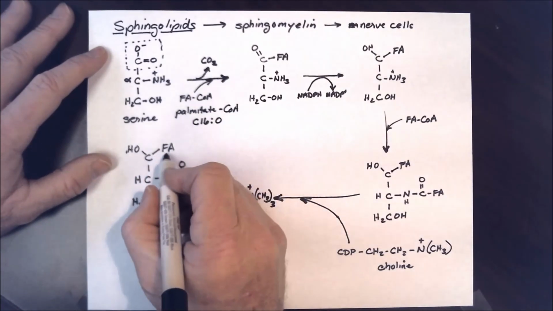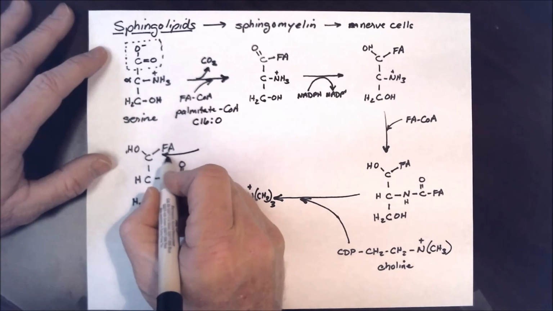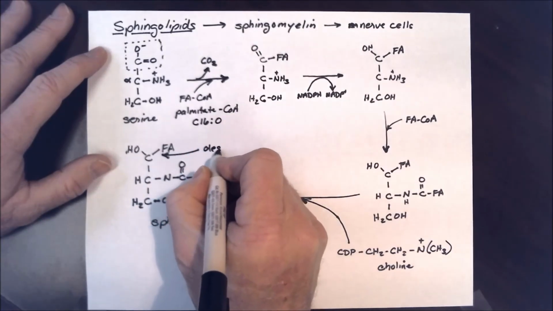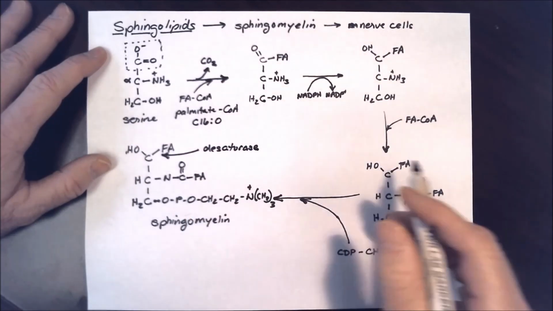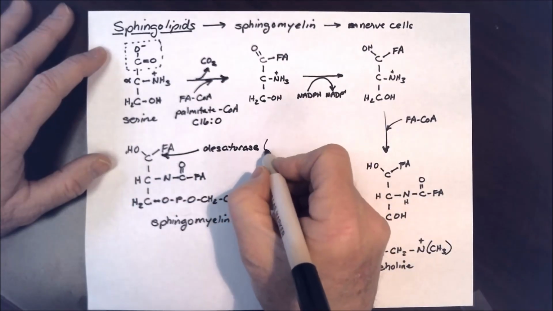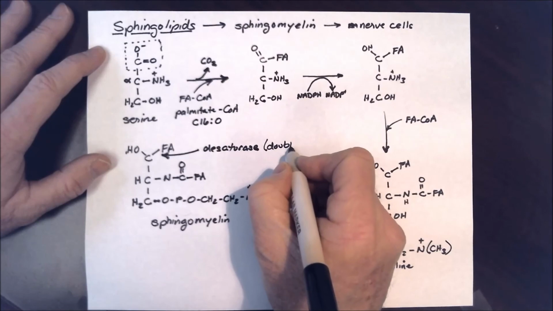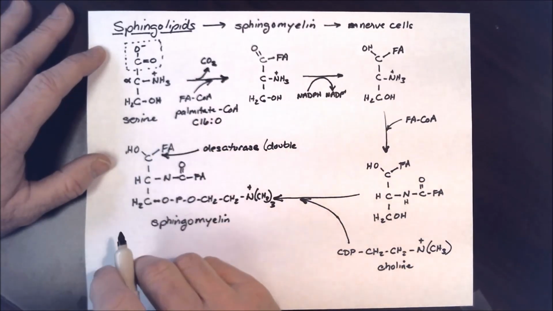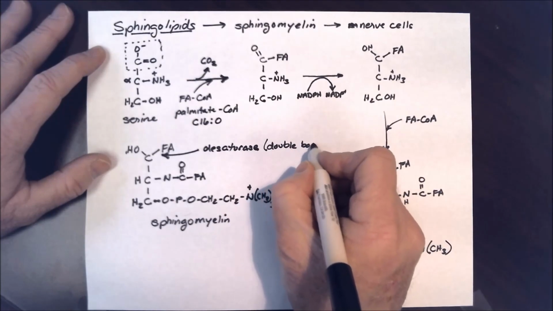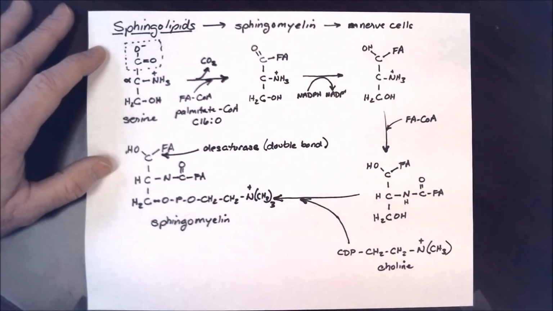This particular fatty acid also has a desaturase step, which is going to introduce a double bond to unsaturate the palmitate. And then that will give us our final structure of sphingomyelin.